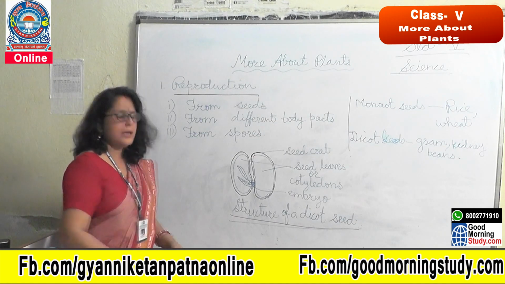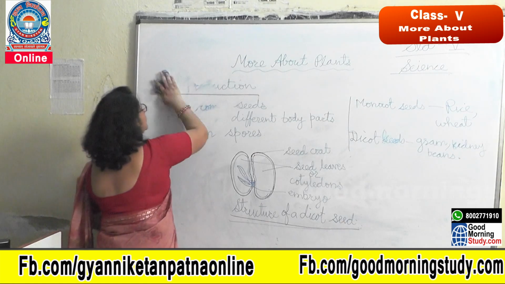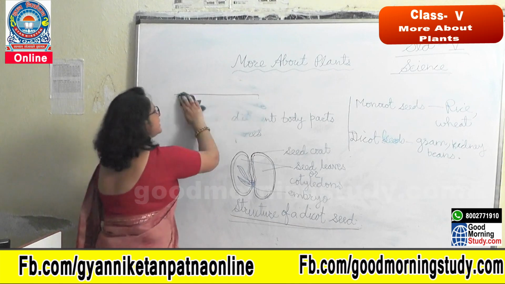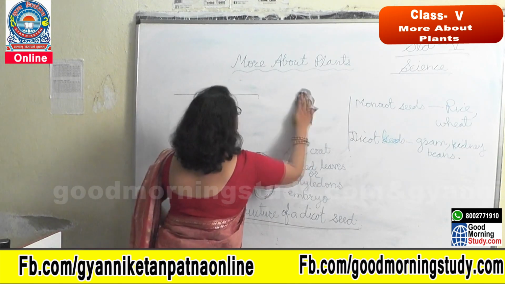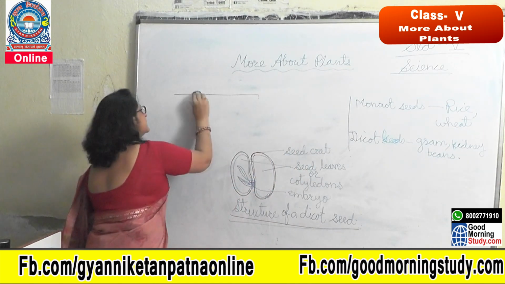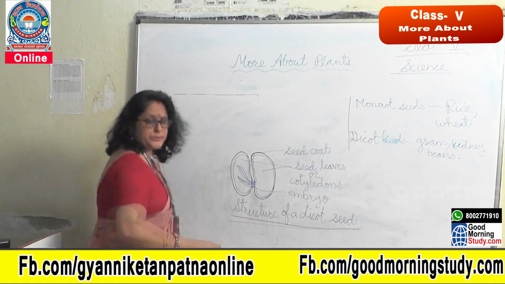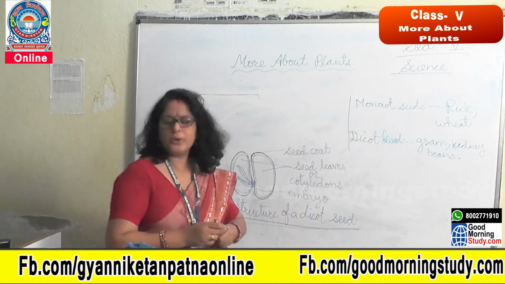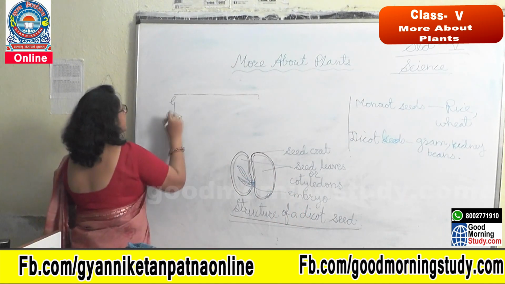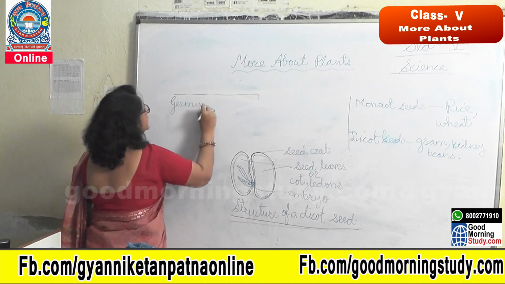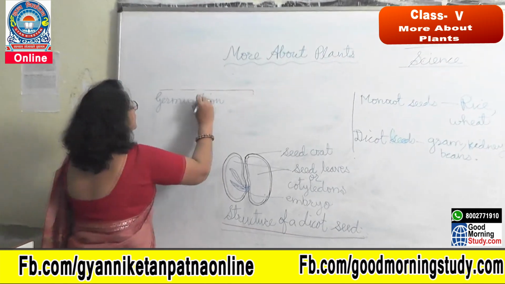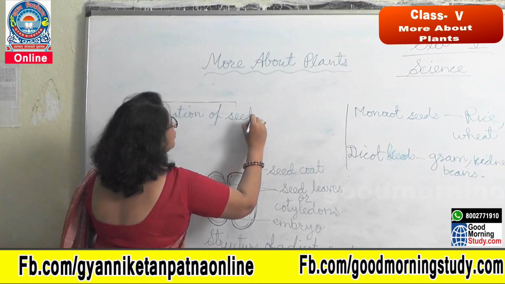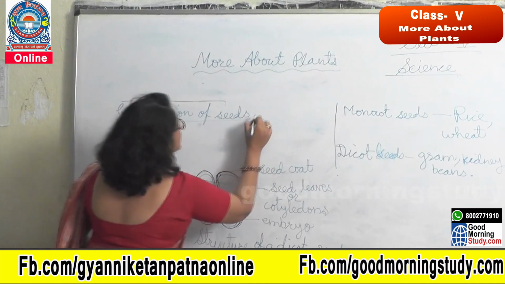Now, in the process of reproduction, the first thing is germination of seed. What topic will we discuss now? Germination of seed. The question will arise in your mind, what is germination?